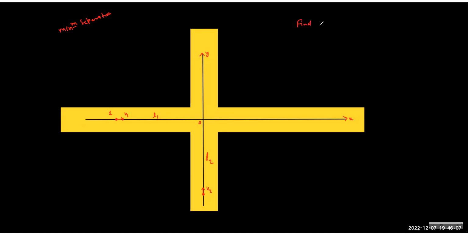Find the minimum separation, and also the time at which it will be minimum.